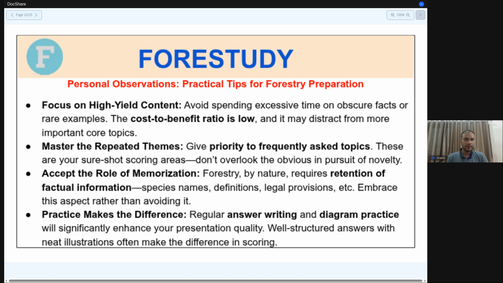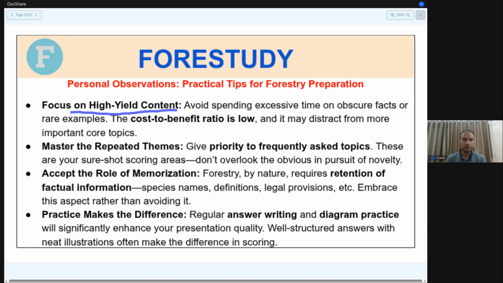Now, some personal observations which I realized during my preparation. In forestry you can't go after each and everything. You have to focus on only high yield content, because like every subject, forestry is endless.